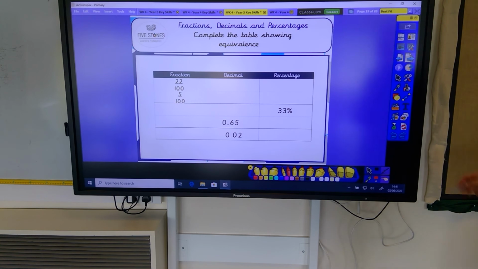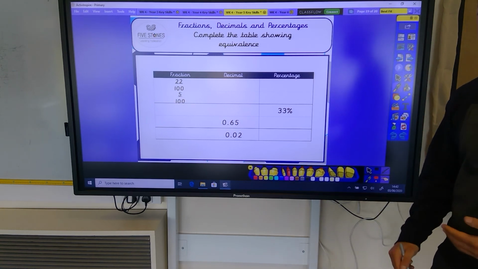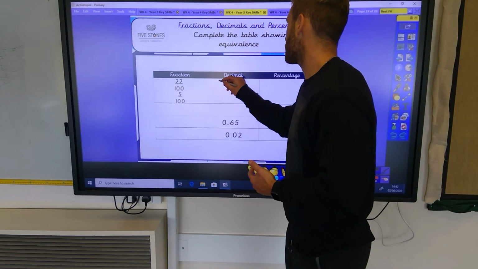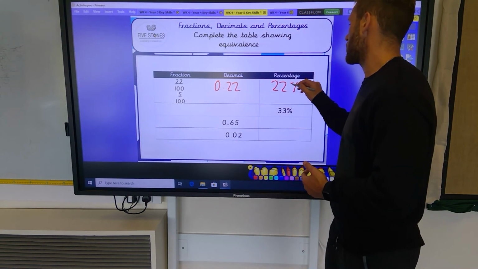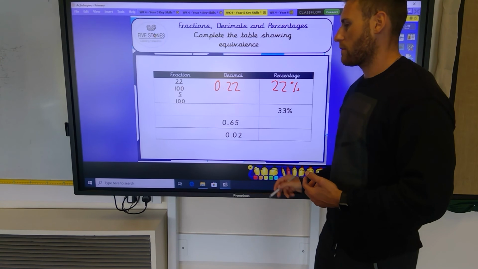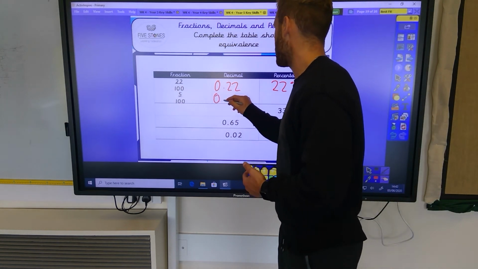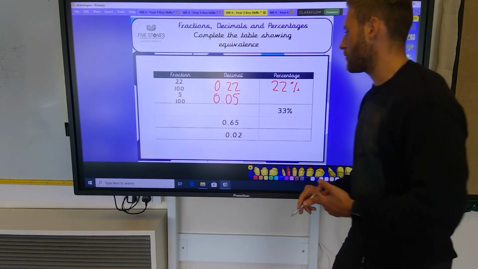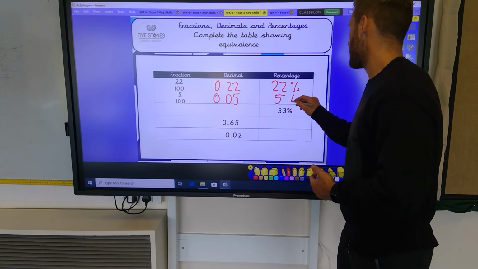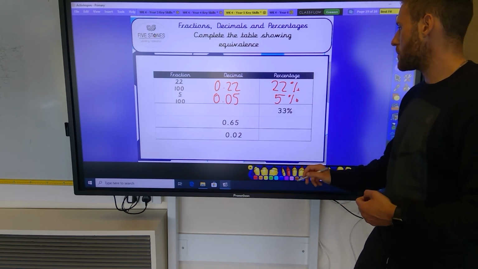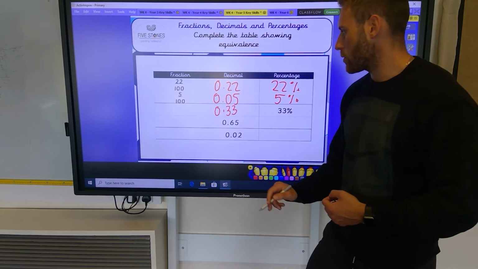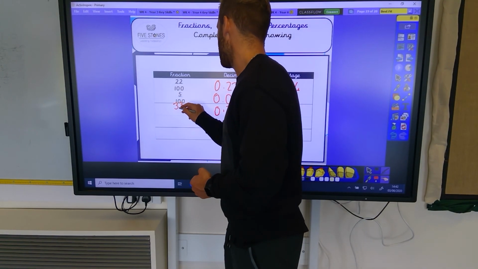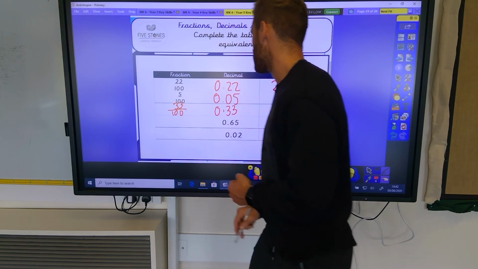Pause the video if you need more time. The decimal we get with 22 out of 100 is 0.22, and the percentage would be 22%. 5 hundredths, there's no tenths, 5 hundredths, we've written as 5%. 33% is going to be the same as 0.33, which is the same as 33 over 100.